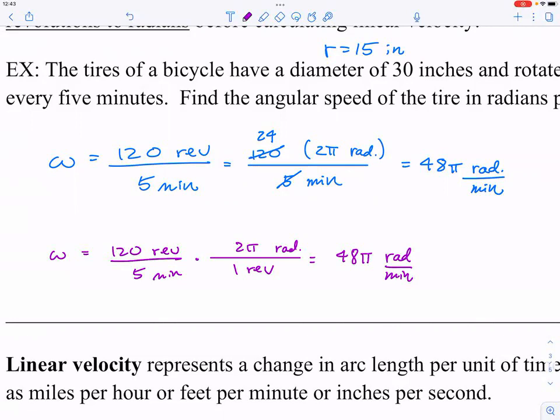Okay. Now, here's another thing. When you say something per something, do yourself a favor. Do not use slash. Use the fraction line.